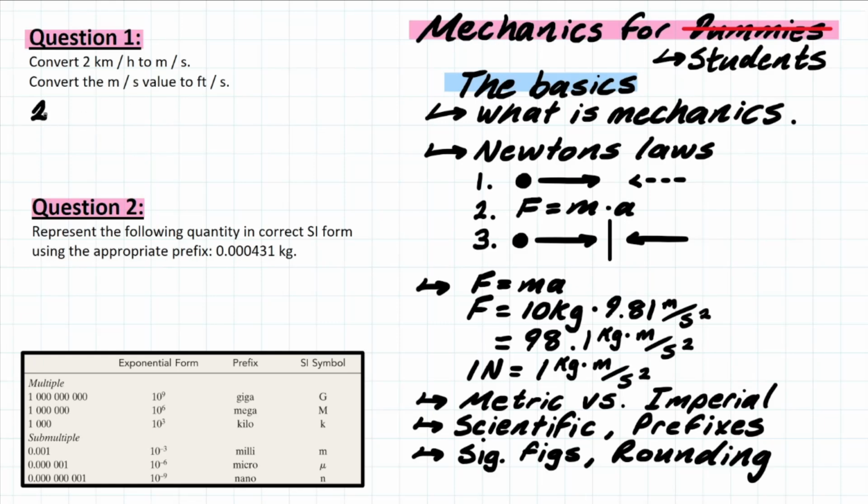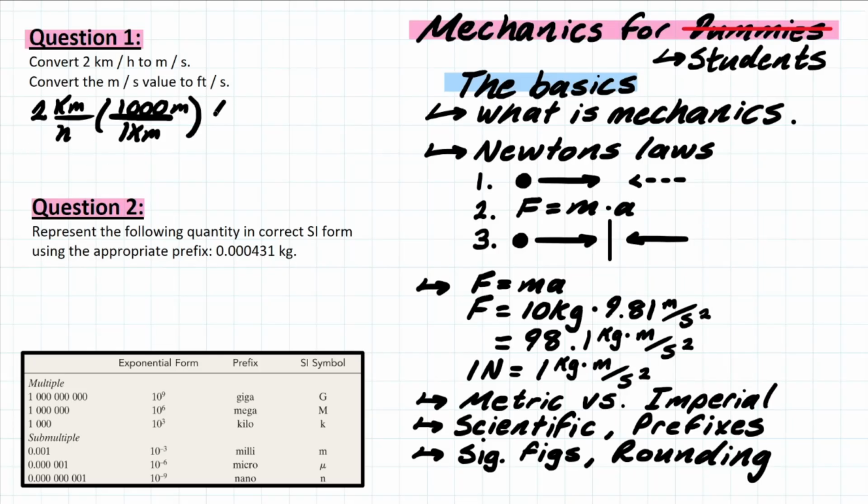We have 2 kilometers per hour, and it wants it in meters per second first. So for every kilometer, we have 1,000 meters. So if we want to cancel out the kilometer, we have to write it on the bottom based on where the kilometer unit is. That means on top, we will write 1,000 meters.